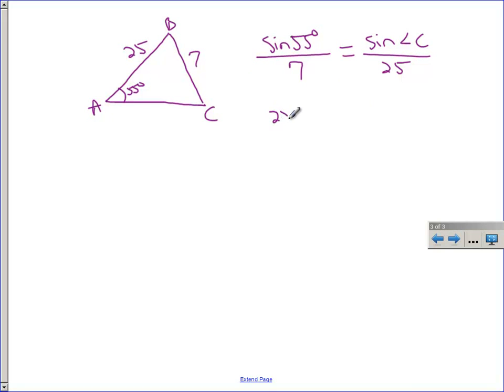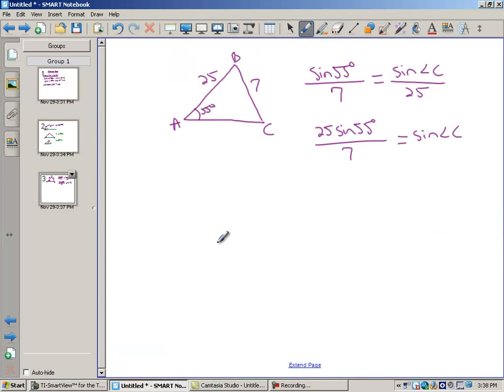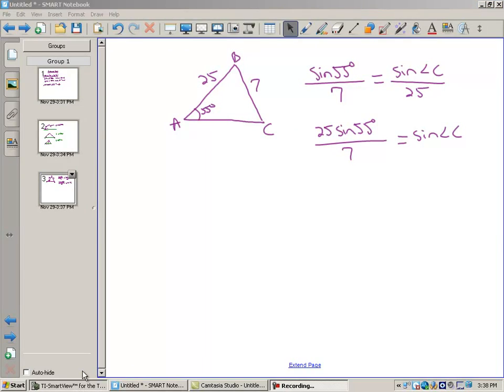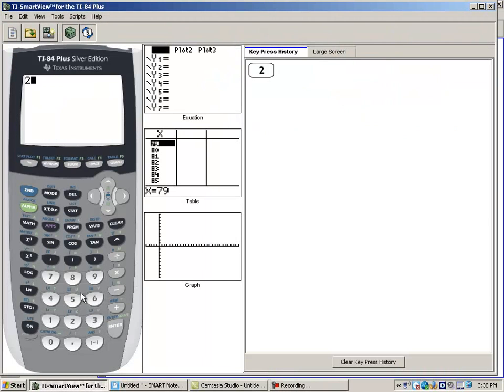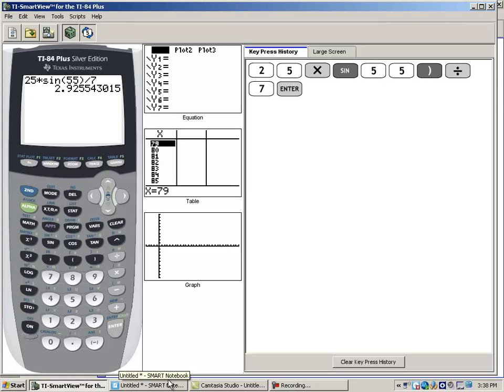We can just cross multiply here. 25 times the sine of 55 degrees divided by 7 equals the sine of angle C. So let's go to our calculator and see what that looks like. Let's do 25 times the sine of 55 divided by 7. So 25 times the sine of 55, close parentheses on that 55, and then divide it by 7. What does this give me? 2.925.